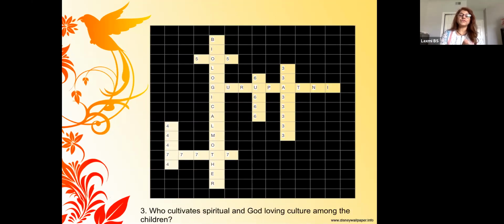For the second question, you see the answer on your screen, it is Guru Patni. Okay, kids, let's listen to another question. The third question is, who cultivates spiritual and God-loving culture among the children? Brahmins.